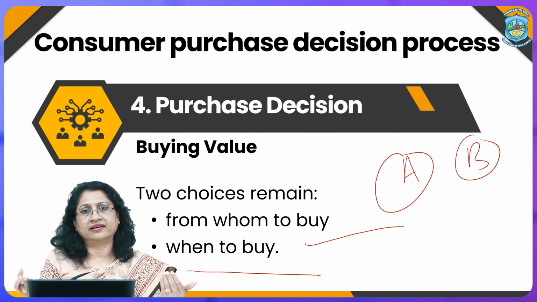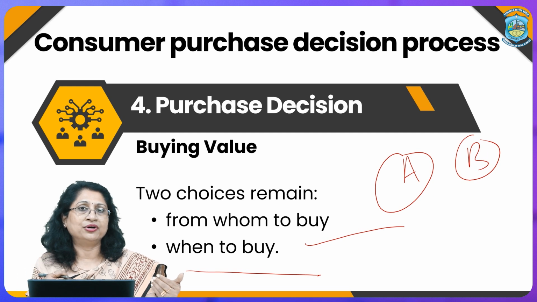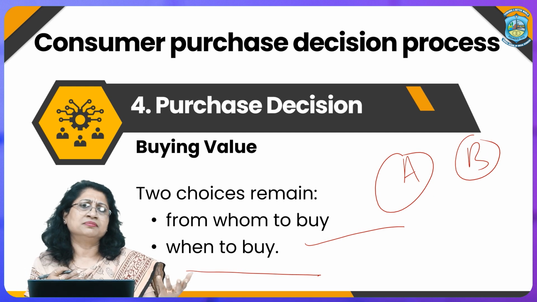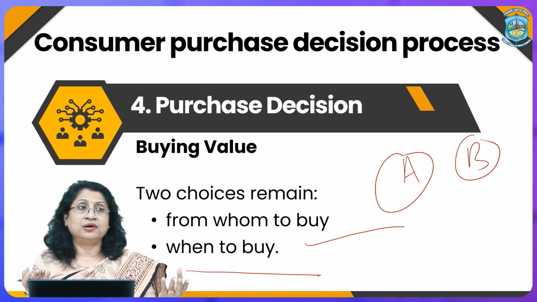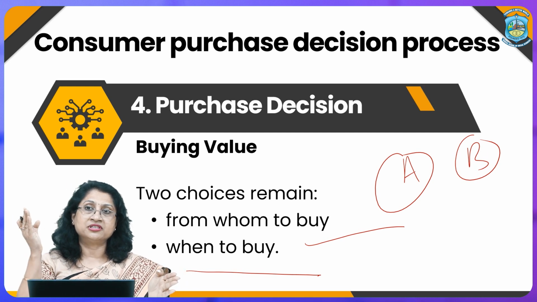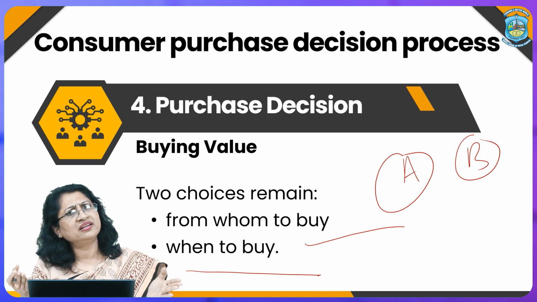And when to buy again, is it an occasional buying? Am I going to wear certain brands? Maybe I am a brand loyal person, wherein I would want to buy only from a particular brand, and those brands, when it is a new launch, could be very expensive.